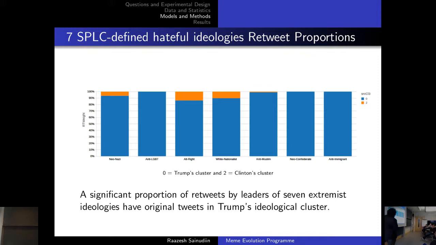I think 0 is Trump's cluster, and 2 is Clinton's cluster. If you just look at this at face value, blue is 0, so it looks like people in Trump's cluster, where the cluster was done using a very simple community detection algorithm, seem to be more actively retweeting hate groups.